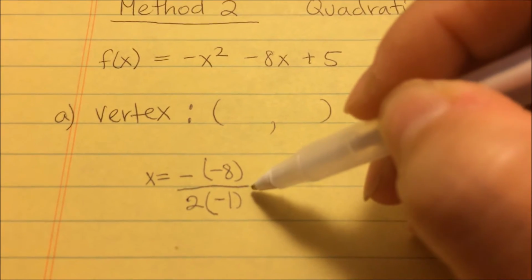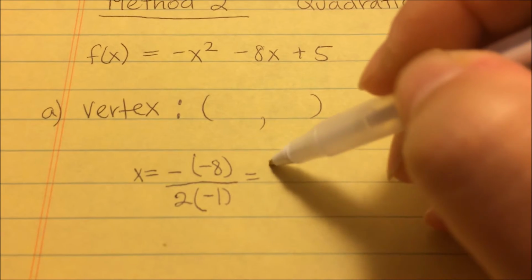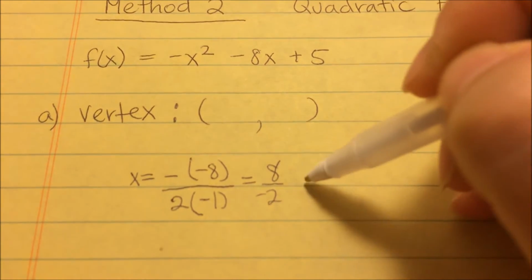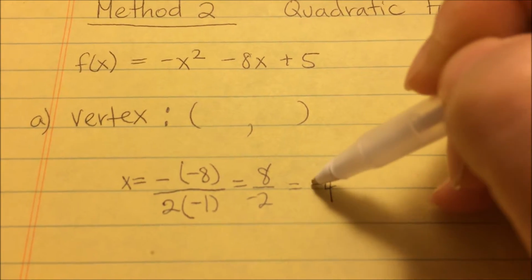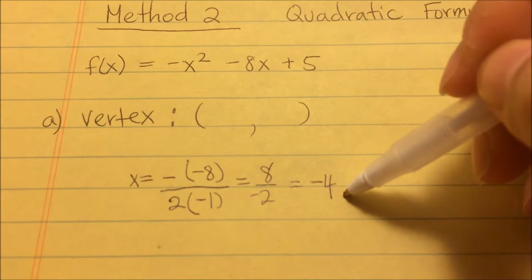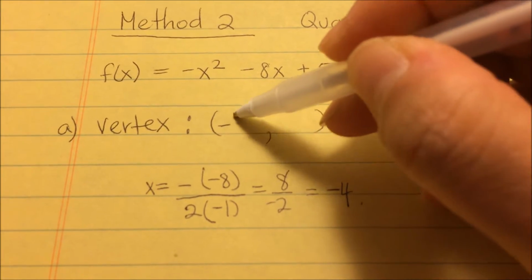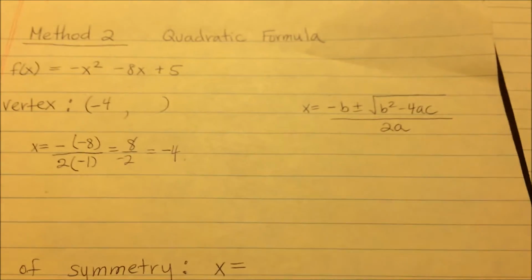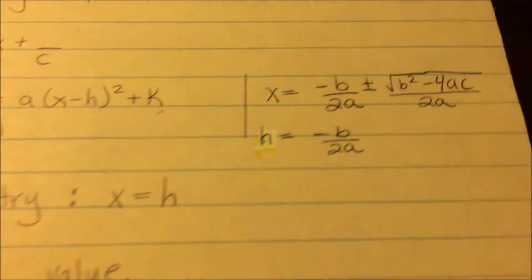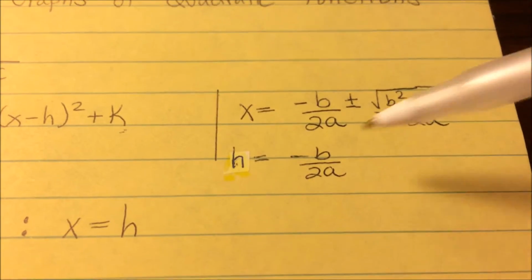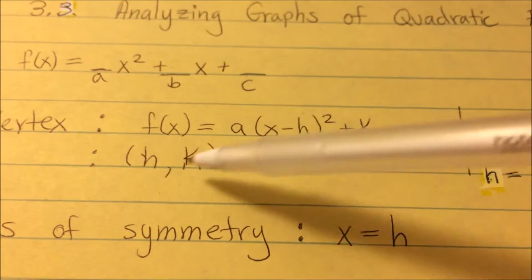So then it simplifies to positive 8 over negative 2, which is negative 4. Okay, so negative 4 is the x number, which gives us the h that we needed. Because if you remember going back to the formula we talked about right here, this gives us the h right there. So that's this part right there.